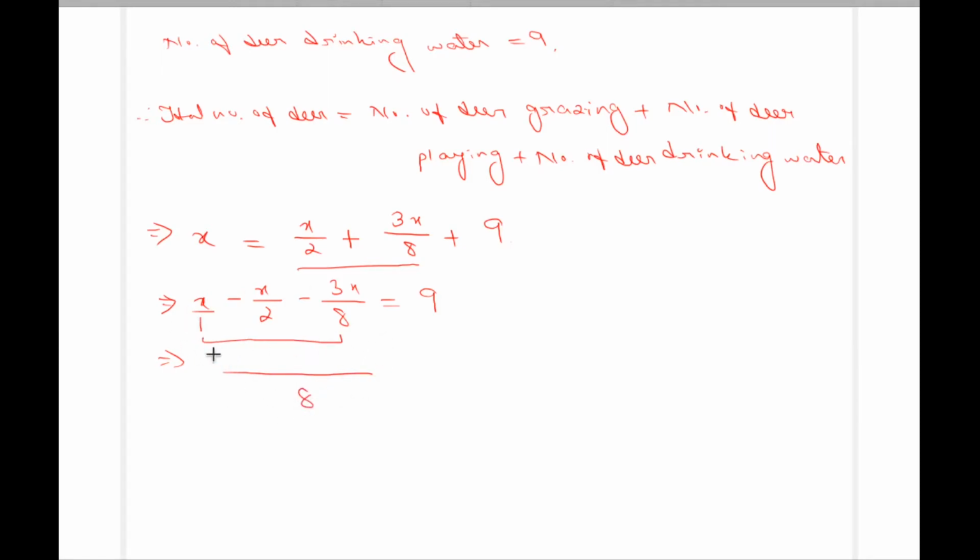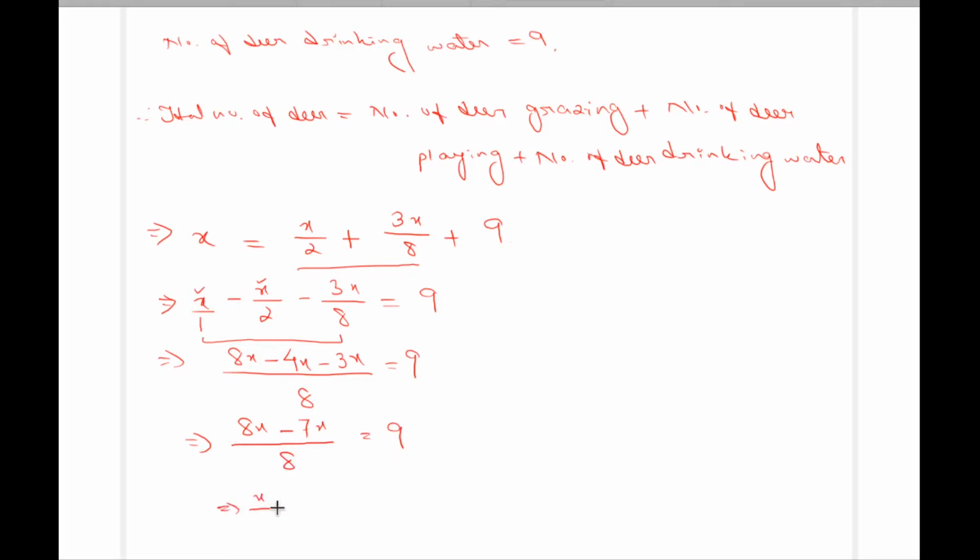So it becomes 8x, and 2 into 4 is 4x, and minus 3x equals 9. So this implies 8x minus 7x by 8 equals 9.